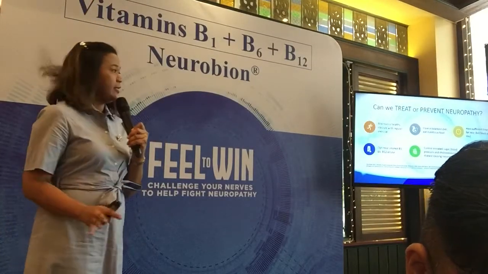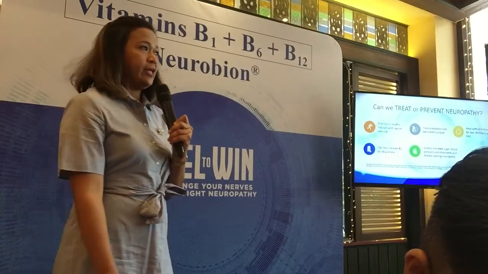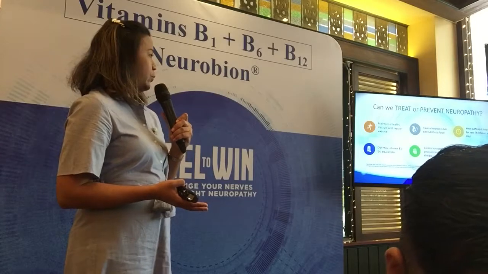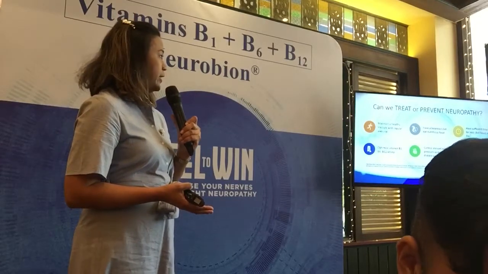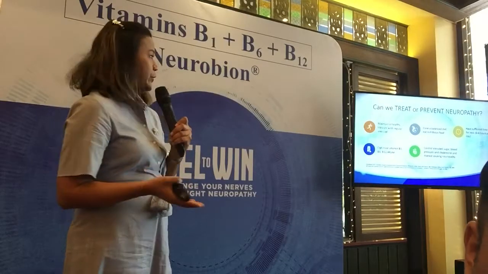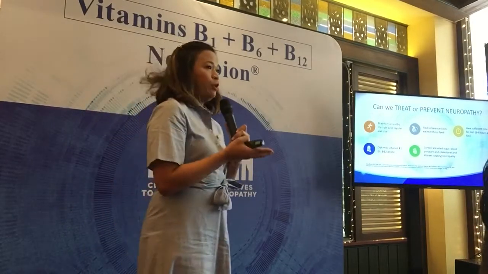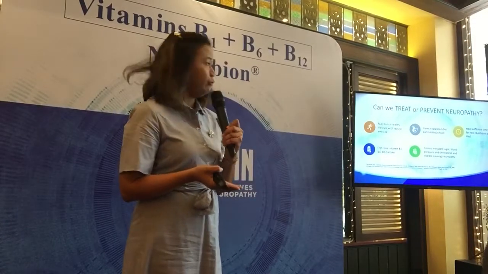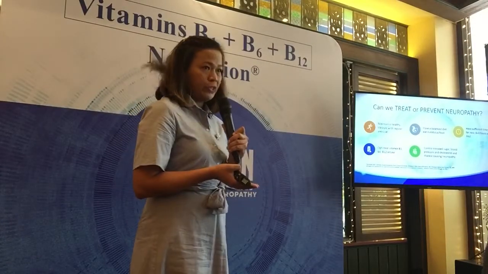And there's a vitamin that can help us with this condition. So we optimize B1, B6, and B12, which I'll talk about later. And as I've said, I've always highlighted that with diabetes, of course, it's important you have to control your blood sugar.